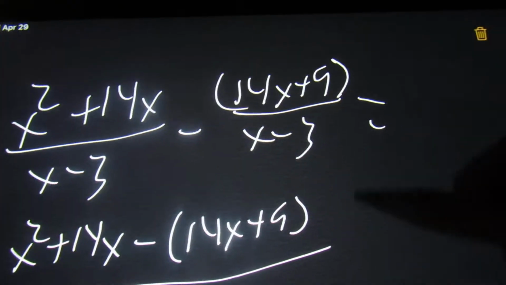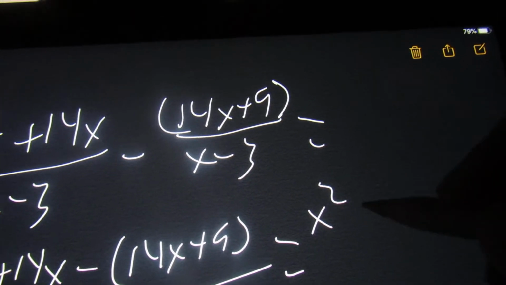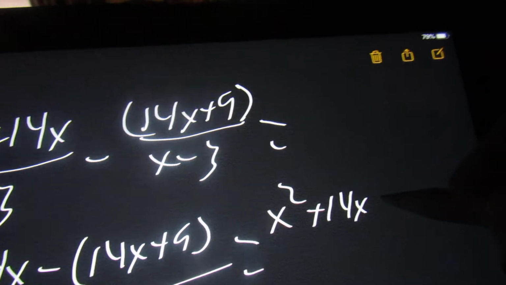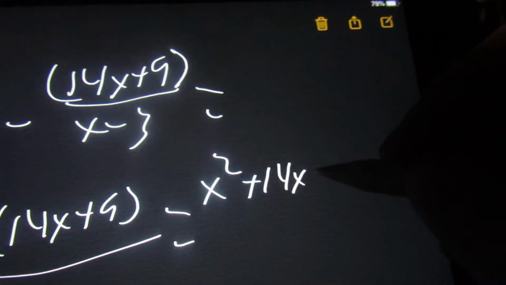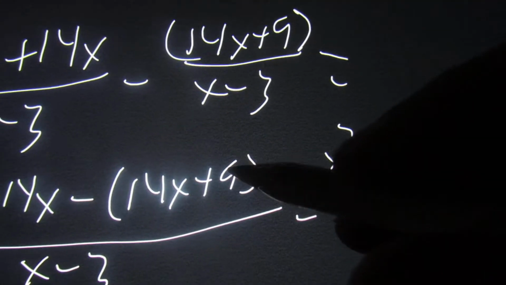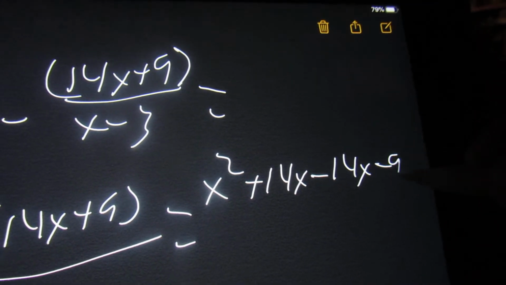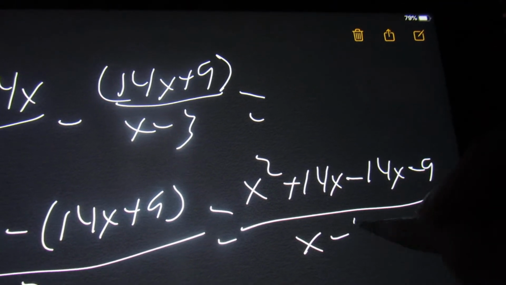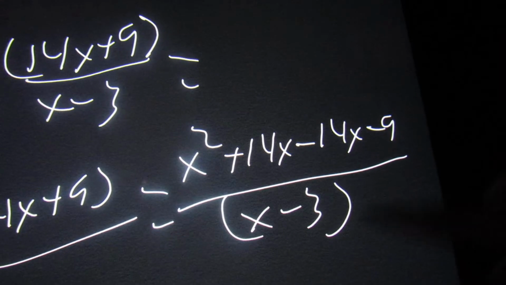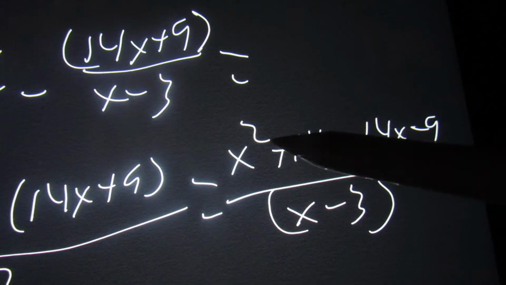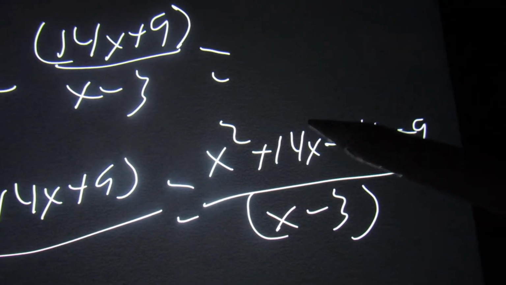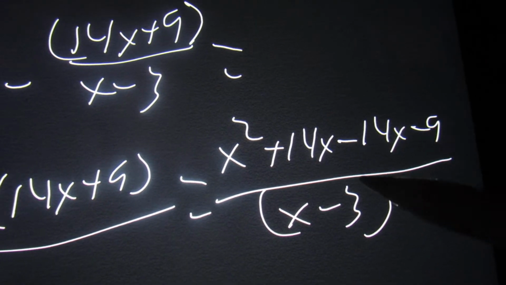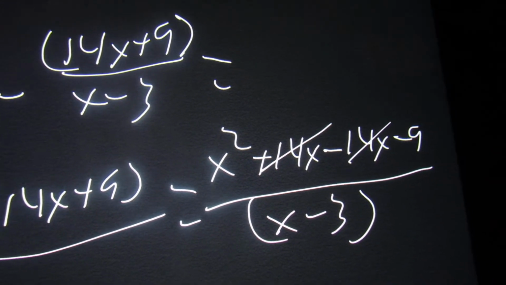So now I'm going to do that part. I'm going to have x squared plus 14x. This 14x becomes minus 14x. This plus 9 becomes minus 9 all over x minus 3. I'm going to go ahead and put that part in parentheses now. And now I'm going to combine like terms. We have a 14x minus 14x, so that becomes 0.